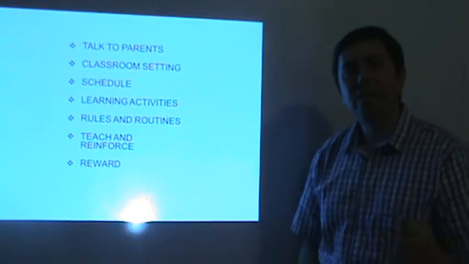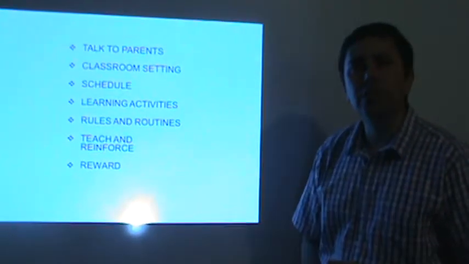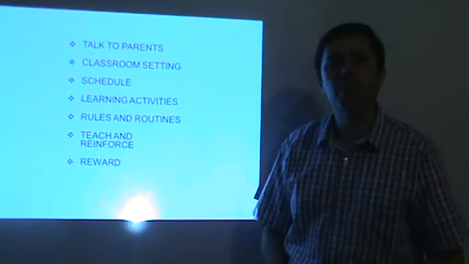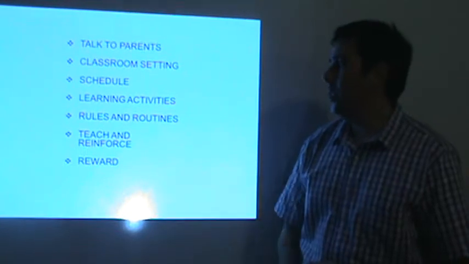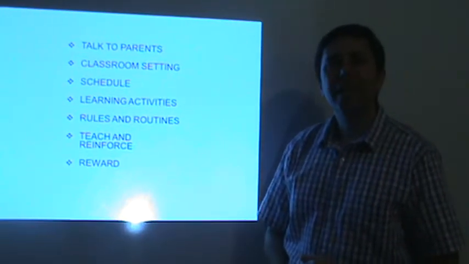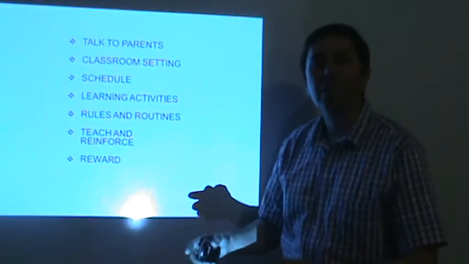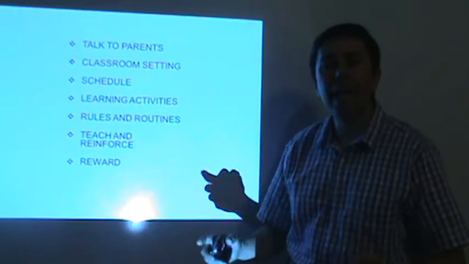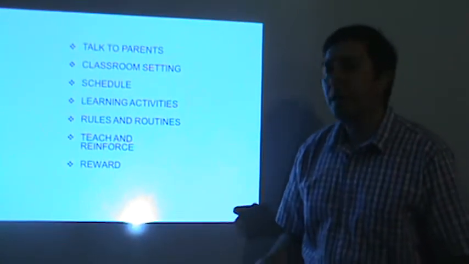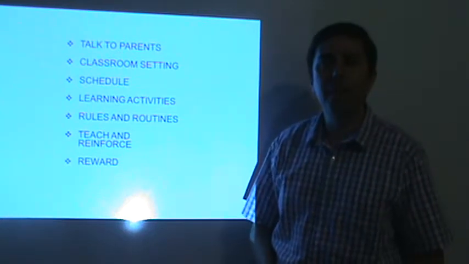Here the teacher has to implement and apply rules and routines to lower behavior problems. The next strategy is teach and reinforce. Here the teacher has to give the students new guidelines on how they should behave in a good way. This will help a lot to reduce problem behaviors.